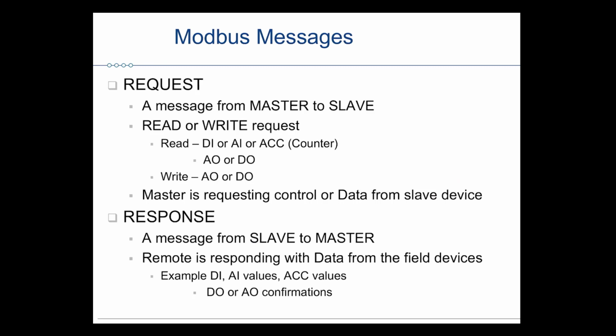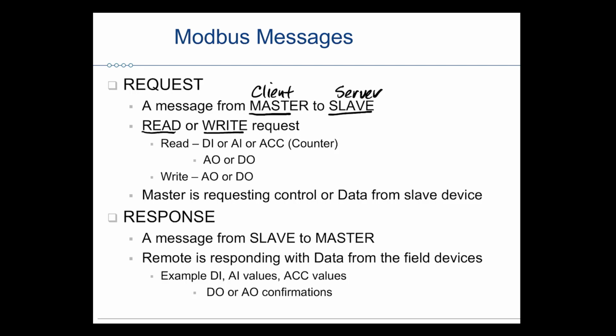A Modbus request is always a message from the master to the slave. A request is always the result of a client sending a message to a server. That's always a request. And what do we want to do? Just like we said, we want to read or write.